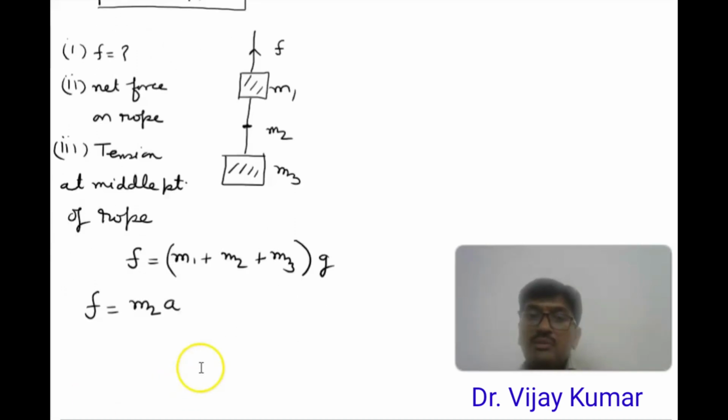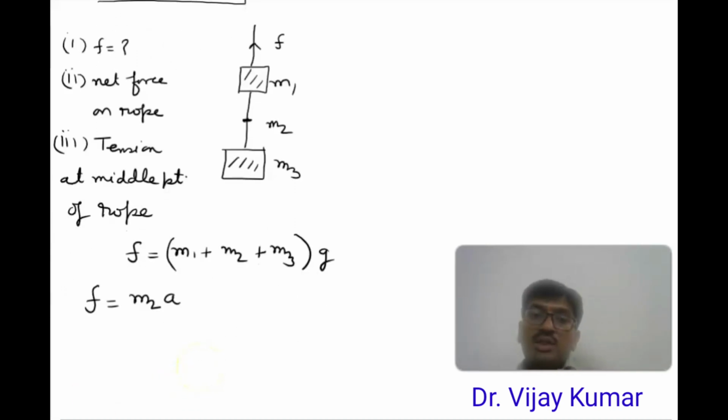And in the third case, the tension at the middle point, suppose T is the tension at this middle point. The mass of this part becomes m2 by 2, and the mass of this block is m3, so the mass below the middle point is m2 by 2 plus m3.